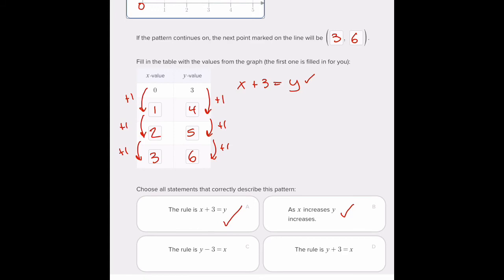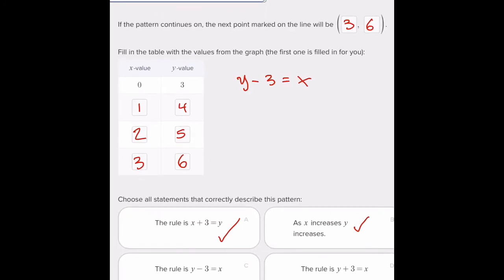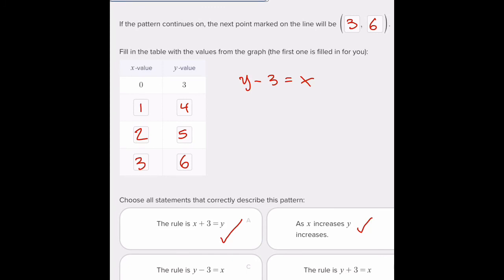Let's now reset and look at option C. The rule is y minus 3 equals x. So in the first row, my y value is 3. And if I subtract 3 from that, will it equal the x value of 0?